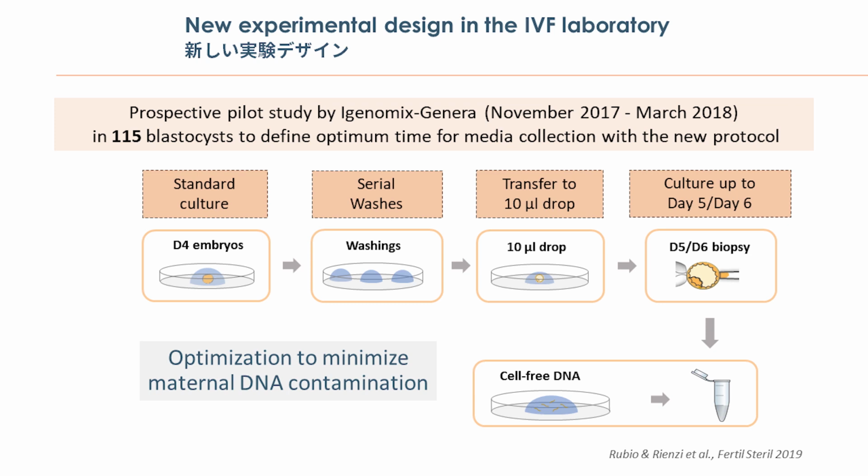Probably the release of DNA from the embryo starts to be very active at this point because of the number of cells and because of the mitotic events that started to be much more frequent at this stage.